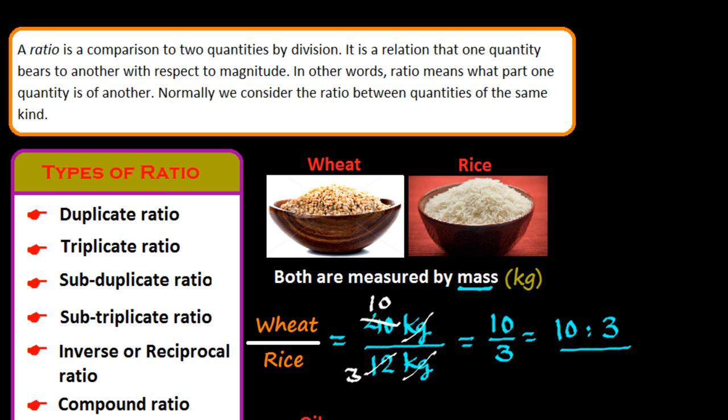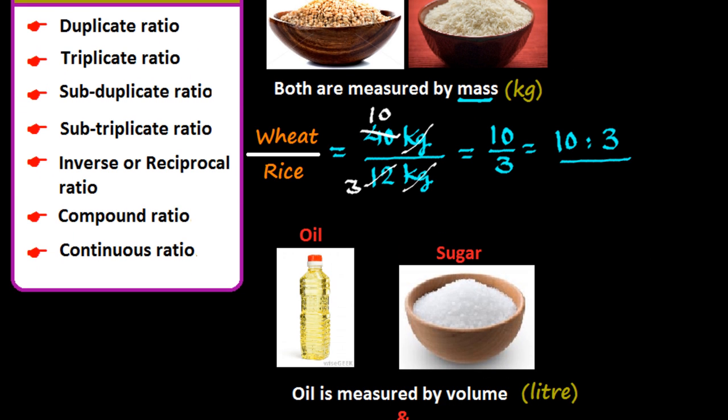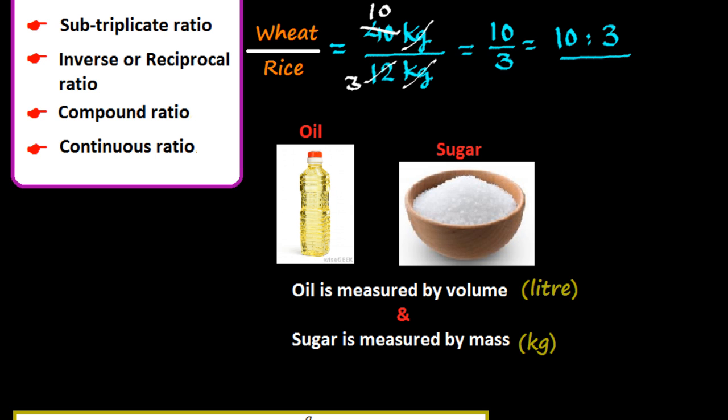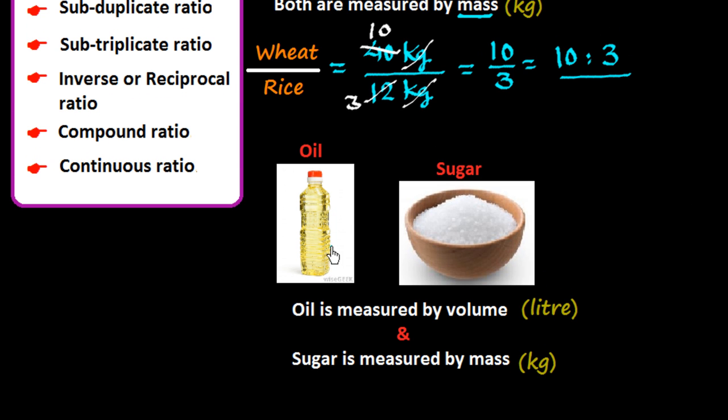If we have another example, we see the consumption of oil and sugar in a family. Oil is measured by volume, generally in the unit of liter, and sugar is measured by mass, generally in the unit of kg.